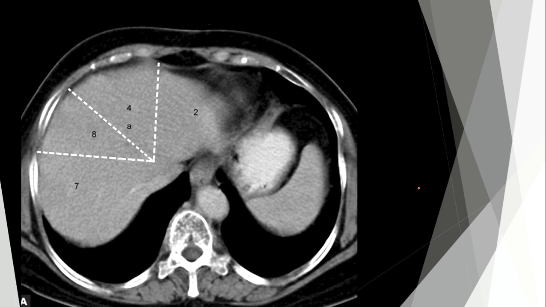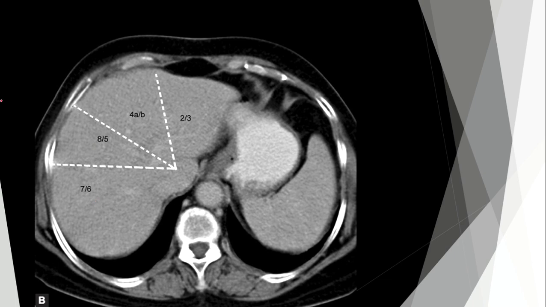These are the names of different segments of the liver. We have second segment, 4A, 8 and 7 segment. The division between 4A and B, we cannot see where it's placed exactly. We see here 8 and 5th segment, 7 and 6, and 2nd and 3rd.